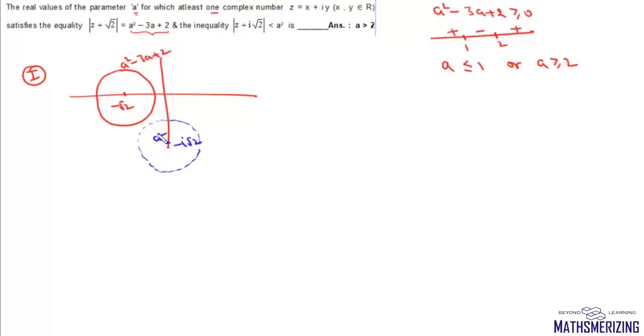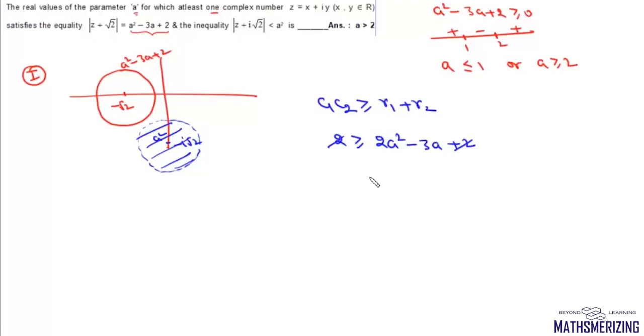and radius a square, they do not have any point in common, and the condition for this will be C1C2 should be greater than or equal to R1 plus R2. So C1C2 is under root of root 2 plus root 2, which is under root 4, it will be 4, and it will be greater than or equal to R1 plus R2, and R1 plus R2 will be 2a square minus 3a plus 2.